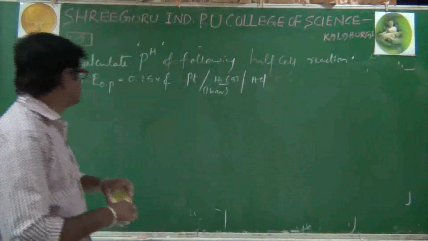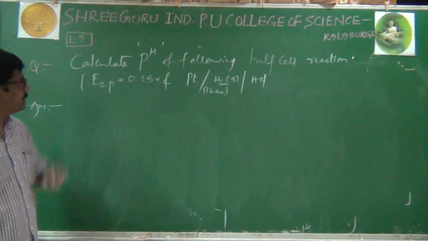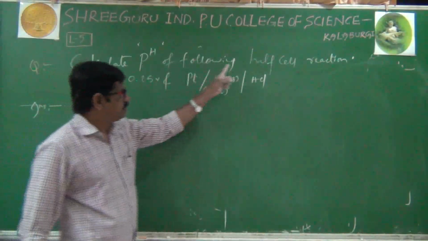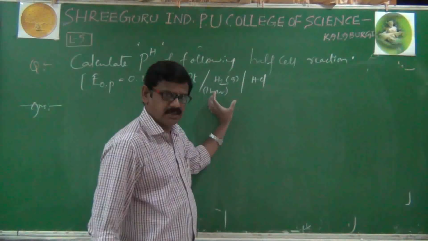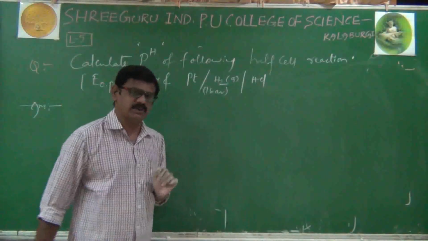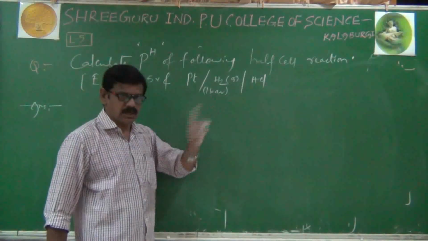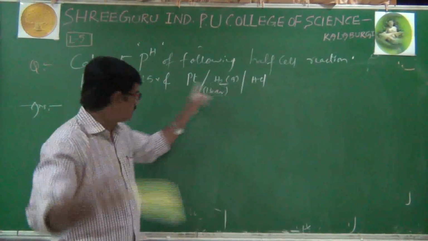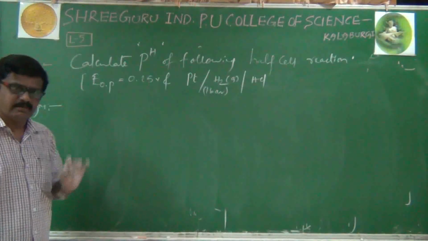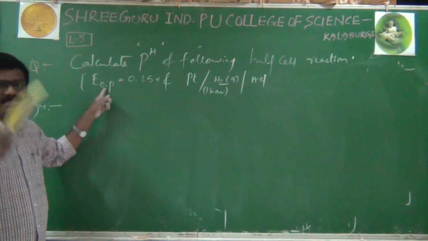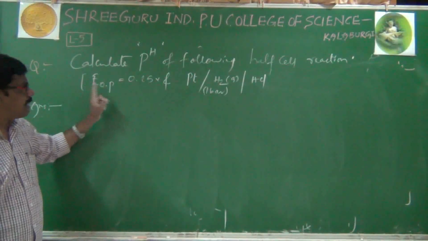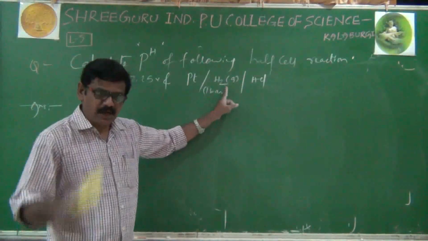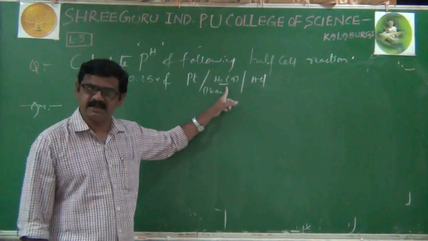First we will try to understand the given data. It is asking to calculate pH of the following half cell. This is a half cell. Of course, it is also a hydrogen electrode only. Hydrogen electrode potential has not been asked, already hydrogen electrode potential has been given in the question. But the thing is, he has given oxidation potential. And if you observe, the symbol given is also an oxidation symbol. How?